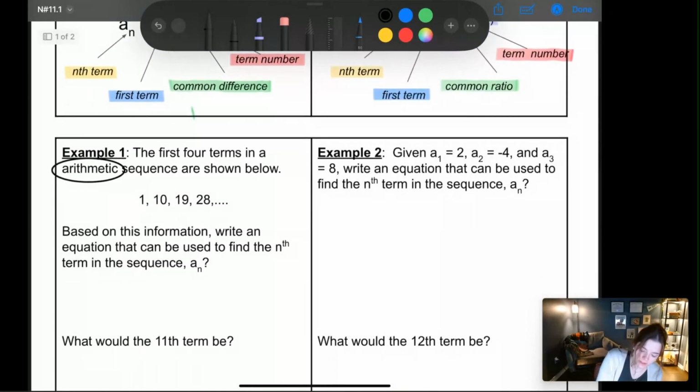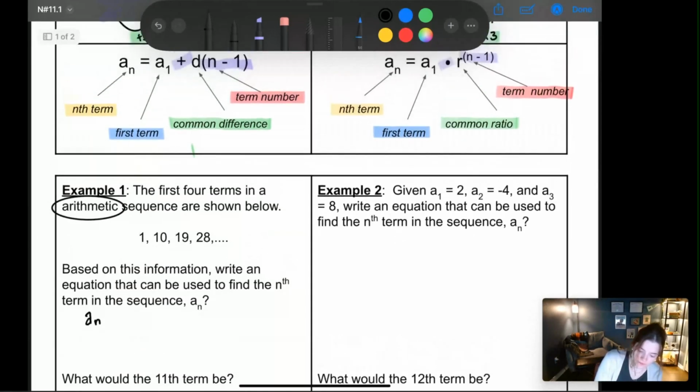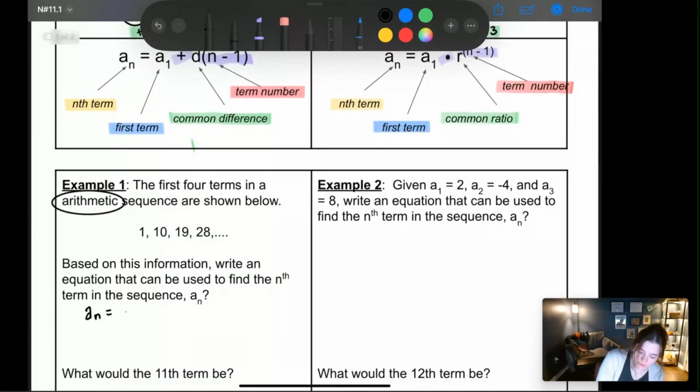to use the formula: a to the nth term is equal to a to the first term, plus the common difference multiplied by n minus 1.